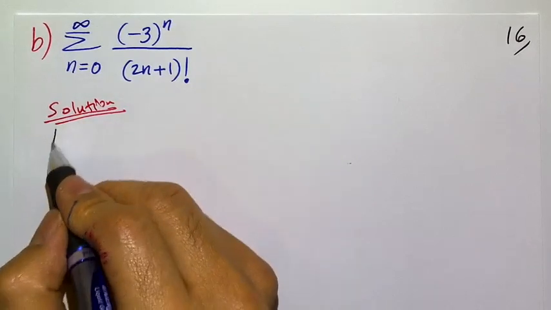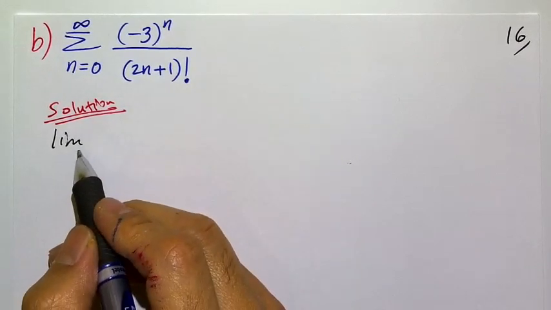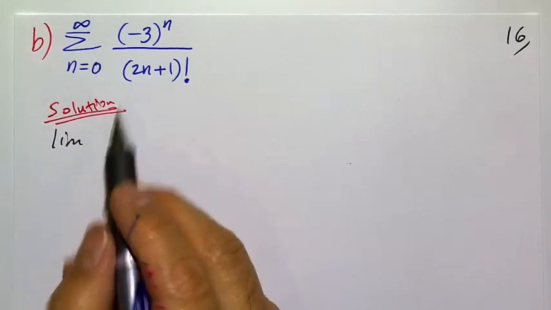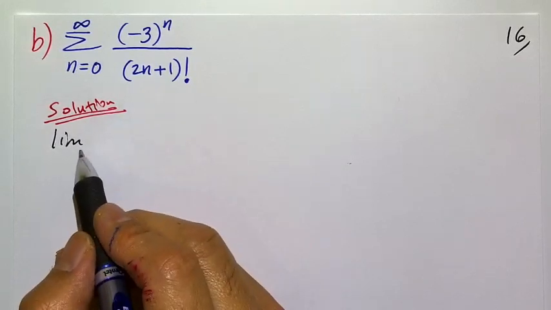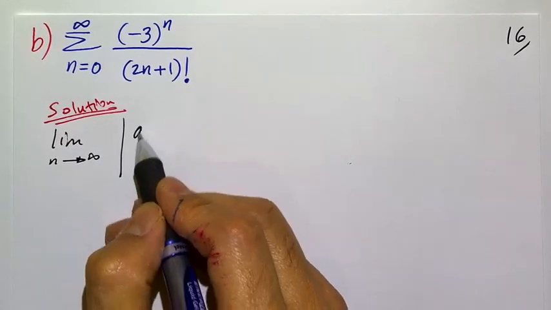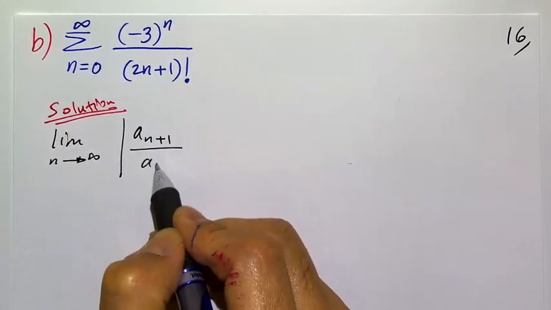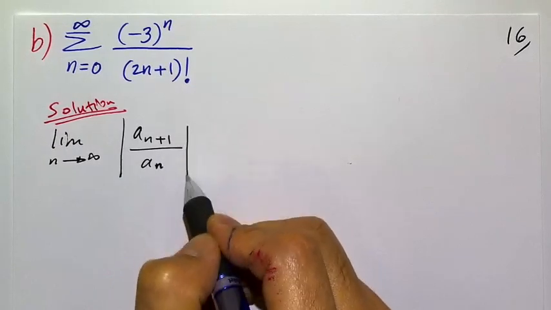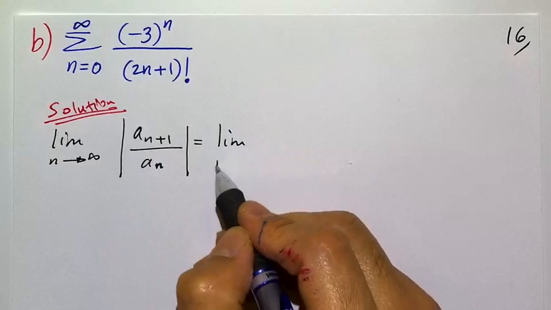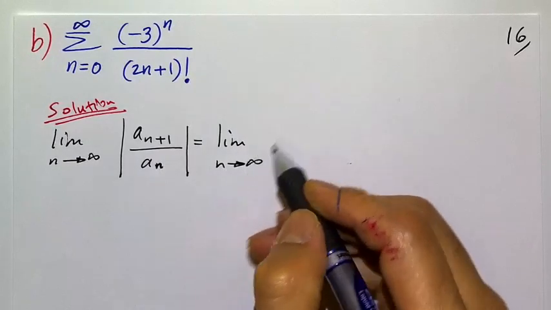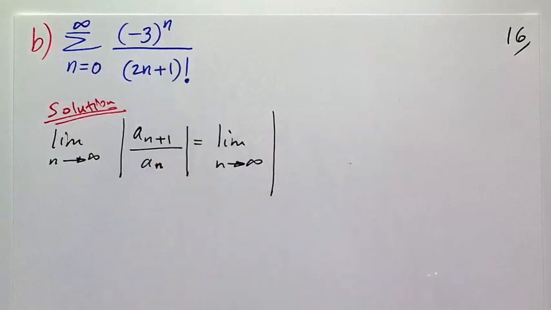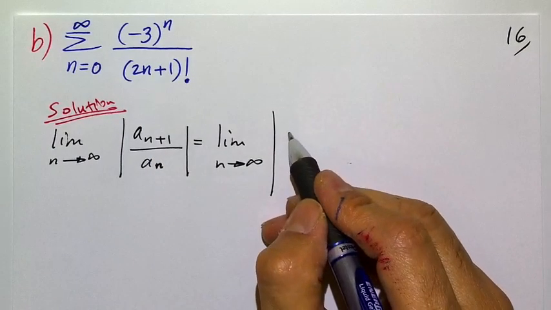So I'm going to apply the limit of the ratio again, the ratio of the absolute value of those two terms. So the limit as n goes to infinity of the absolute value of a sub n plus 1 divided by a sub n is equal to the limit as n goes to infinity of, wherever we have n, let's replace it with n plus 1.